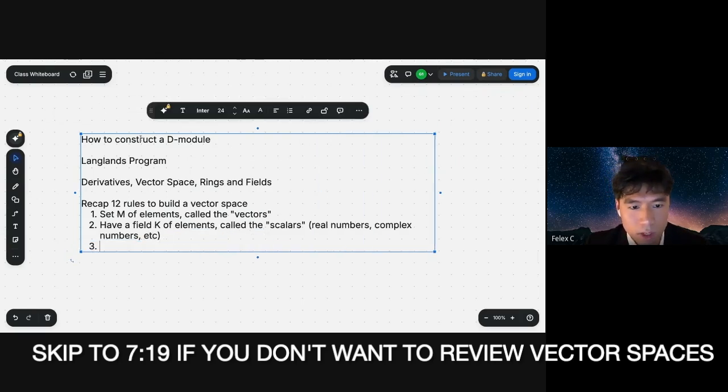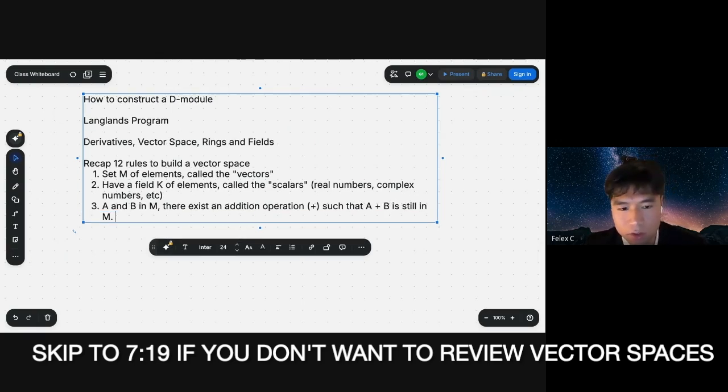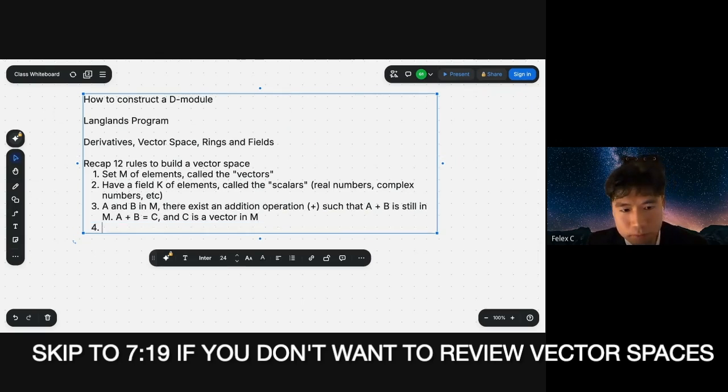Now you have to have an addition operation that's closed between the vectors, meaning that if you have A vector and B vector in M, there exists an addition operation, I'm not going to use the plus sign, obviously, such that A plus B is still in M. So A plus B is equal to, let's say, C, and C is a vector in M. That's the addition operation.